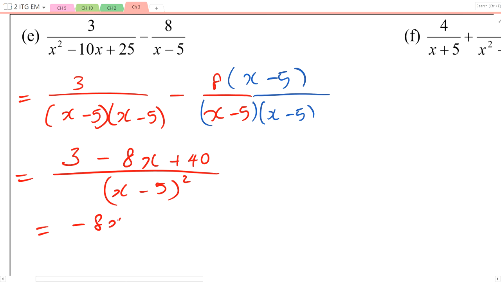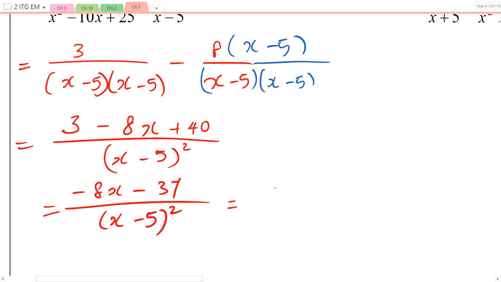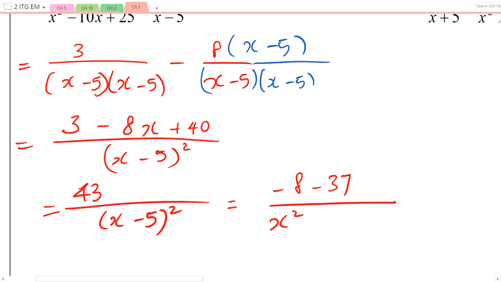So negative 8x minus 37 over x minus 5 squared. Yes, you can leave it as negative 8 minus 37 over... Oh, sorry. 3 plus 40 is 43. Yes, you're right. 43 minus 8x. Thank you.